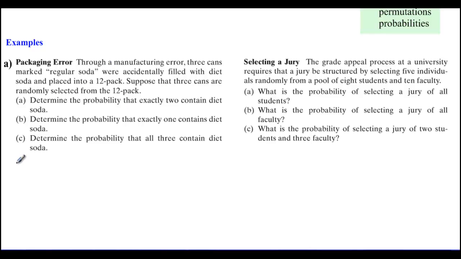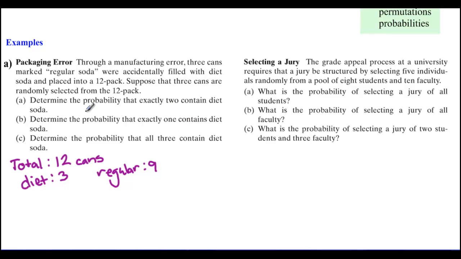All right, so let's organize our data. For our total, we have 12 cans. And then those 12 cans can be separated out into diet and regular. For the diet, they goofed, and we have 3 that are filled with diet. And for the regular, it's going to be the remaining 9.